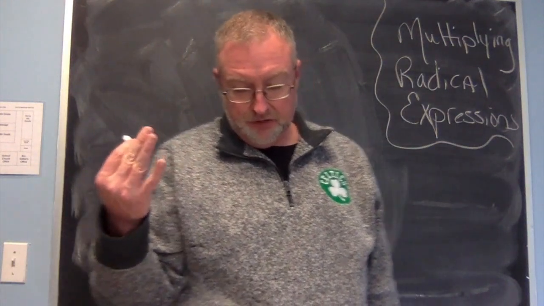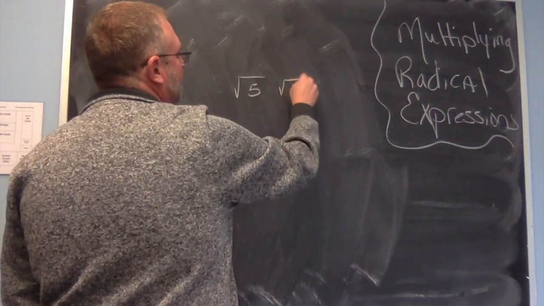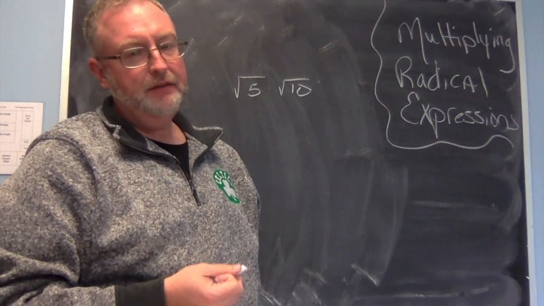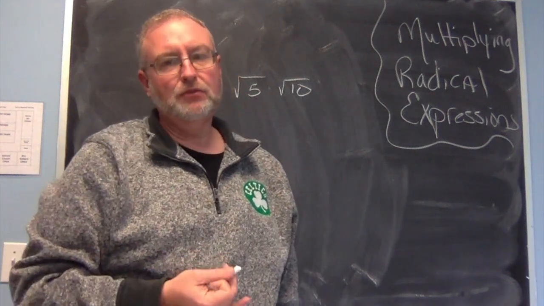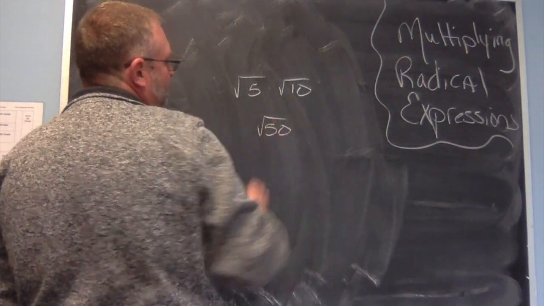Number 4, you have the square root of 5 times the square root of 10. If you remember, you just multiply what's inside the radicals. So 5 times 10 is 50, so I have the square root of 50.